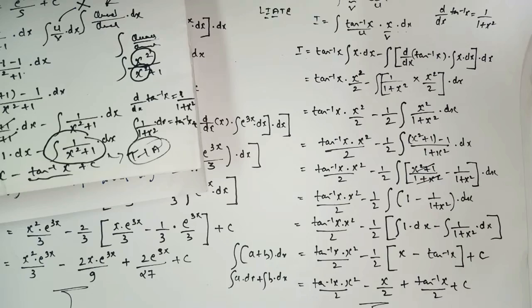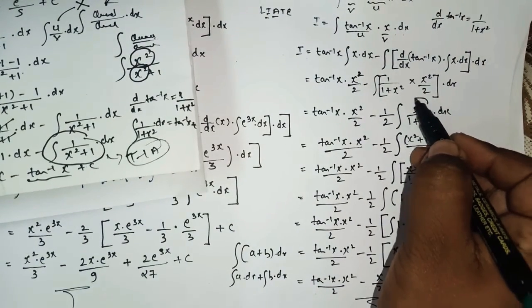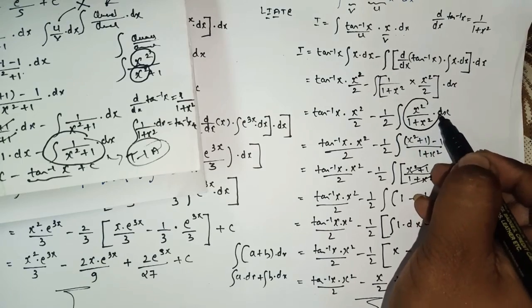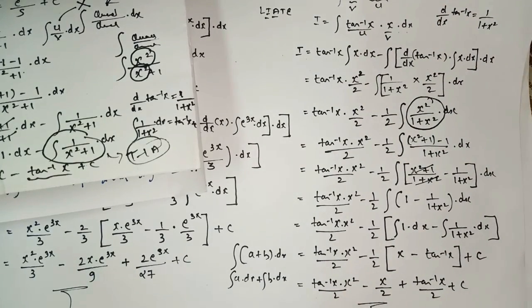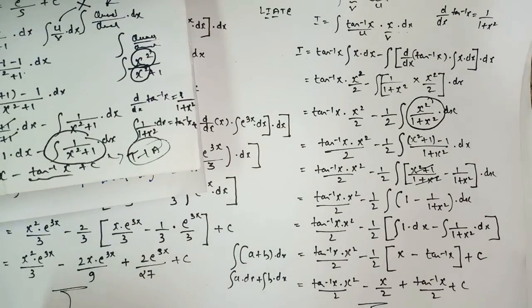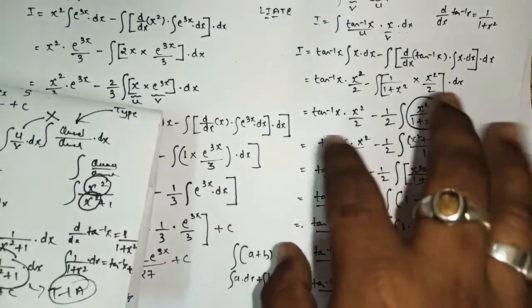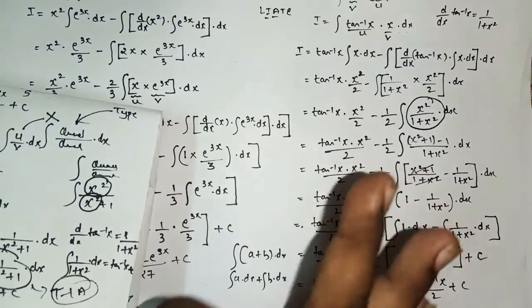Okay, so see to it that whenever you come across this function quadratic upon quadratic in any type, whether it is type number 1, 2, 3, in any type, especially in type number 7, in u by v when you are solving the u into v rule.